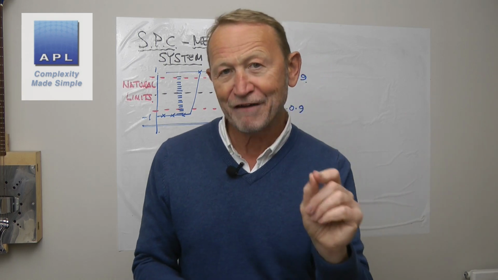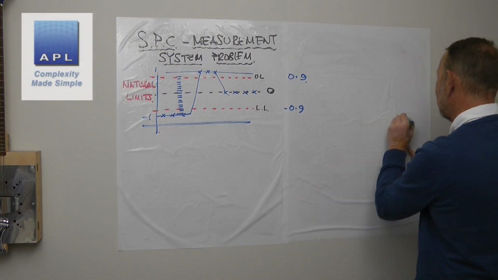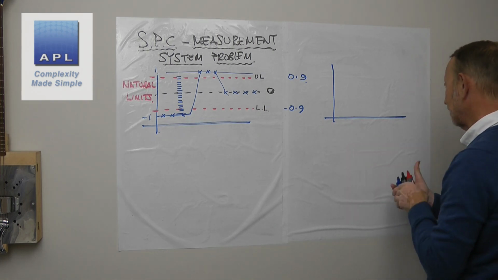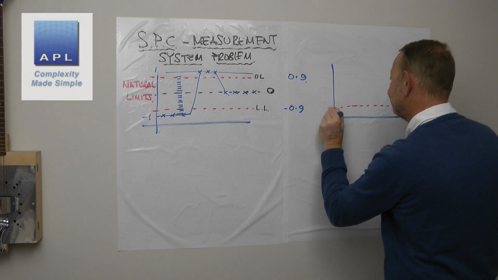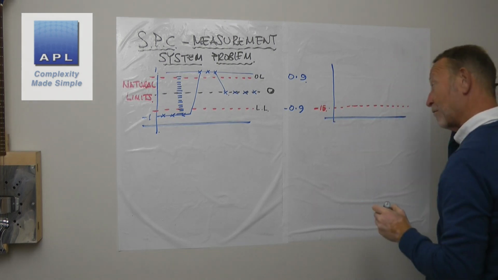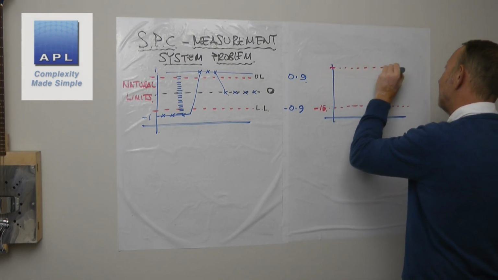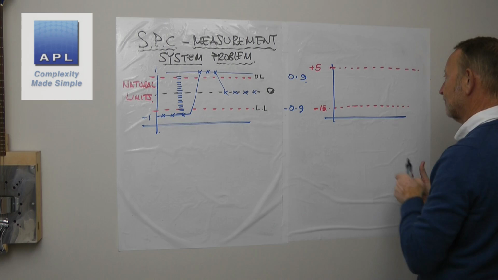Now you don't have that. What you're telling me is your natural window of behavior, so let's put the chart up here, is if I calculated it, the lower limit could fall at around about -15. The upper limit could fall around about +5.